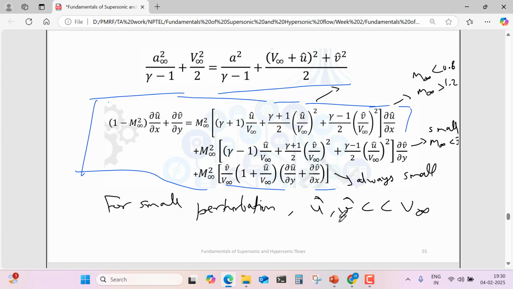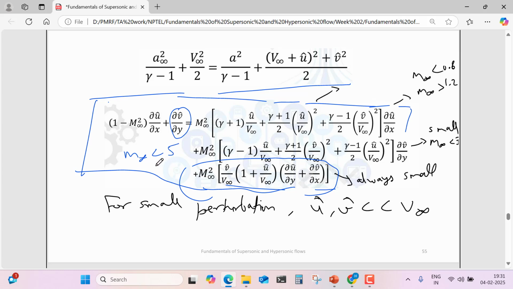For small perturbation, this u cap, v cap will be very much less than u infinity. This third term will always be very small for the small perturbation. The second term will be small for Mach number less than 5.